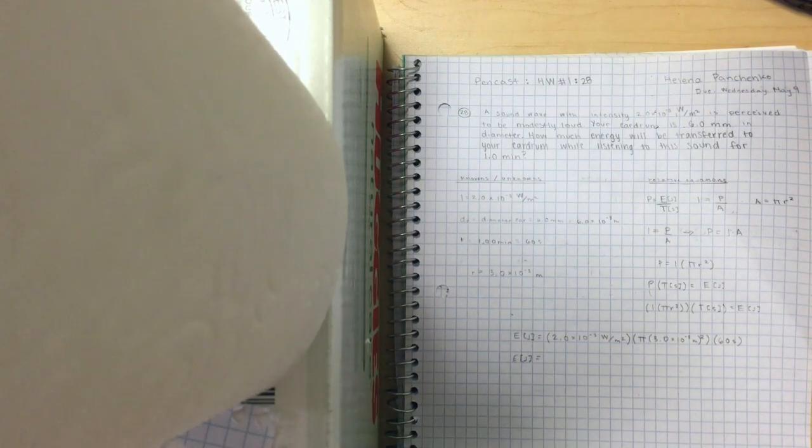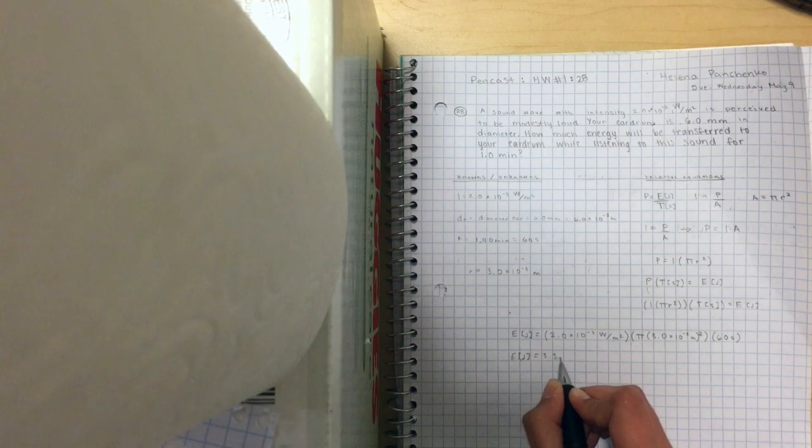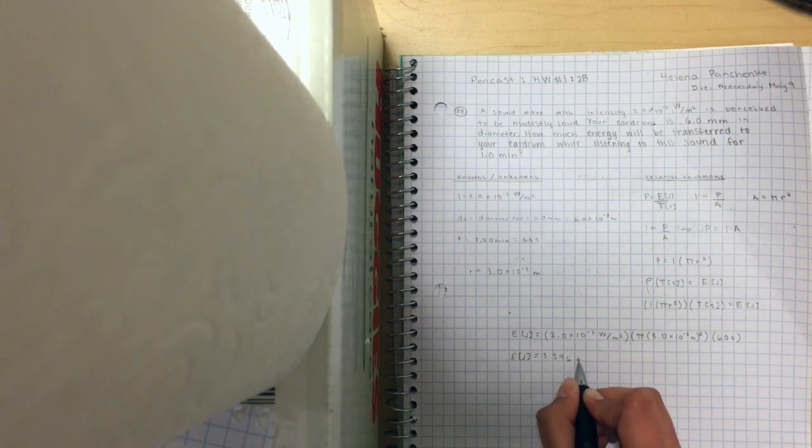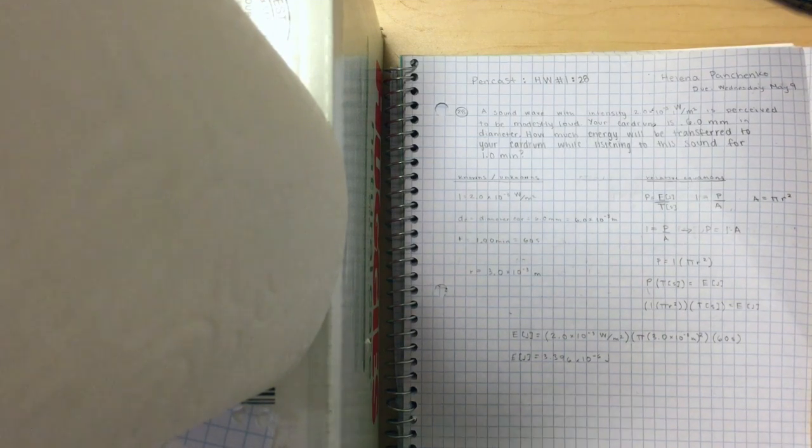Now we can plug that equation into our calculator and we get 3.396 times 10 to the negative 6th power, and our units are joules.